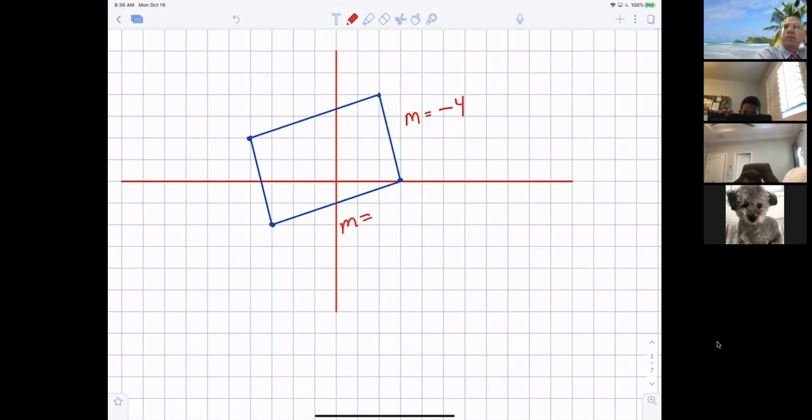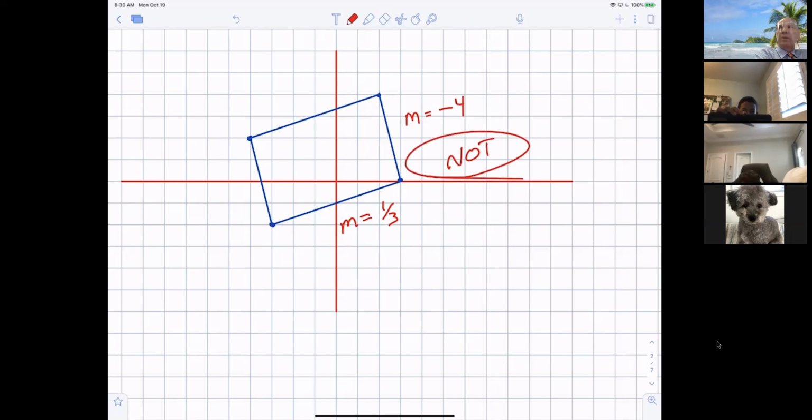Is that right? So is it a rectangle? No, it's not a rectangle. Right? That looks like a 90-degree angle, but it's not. So this is not a rectangle.